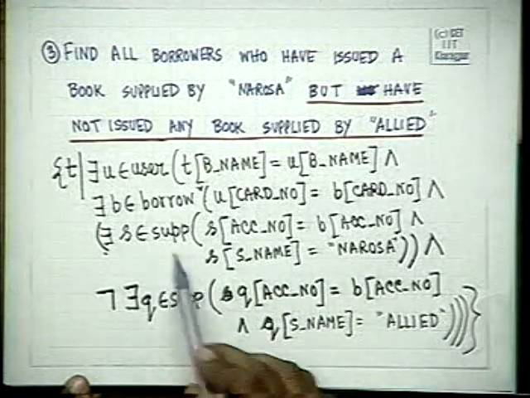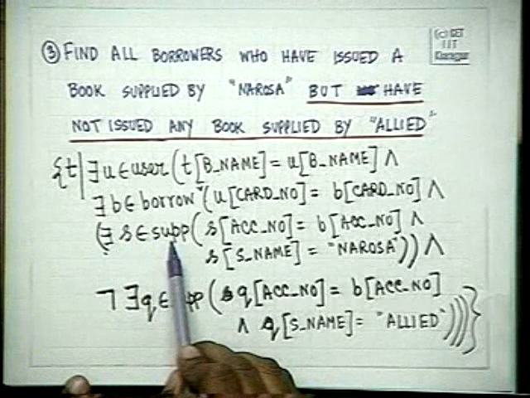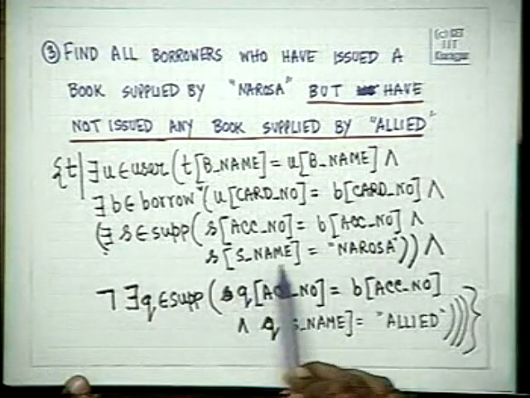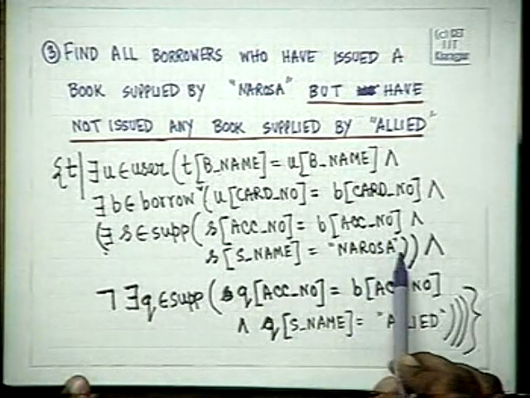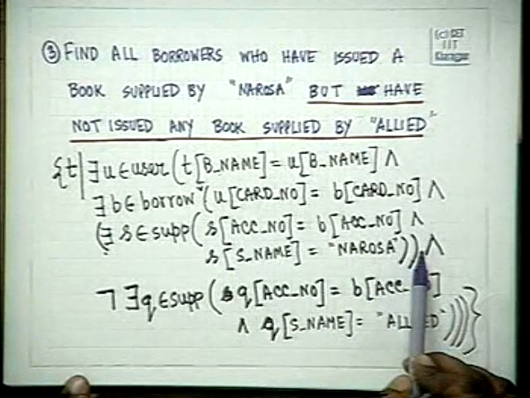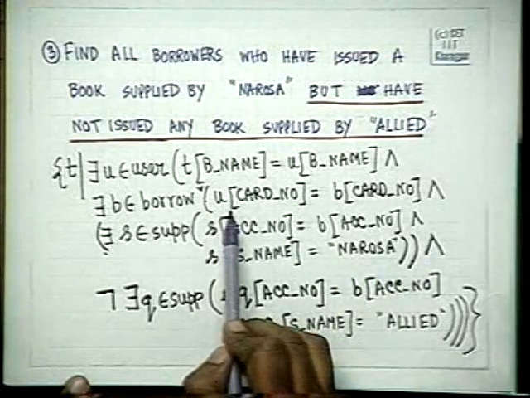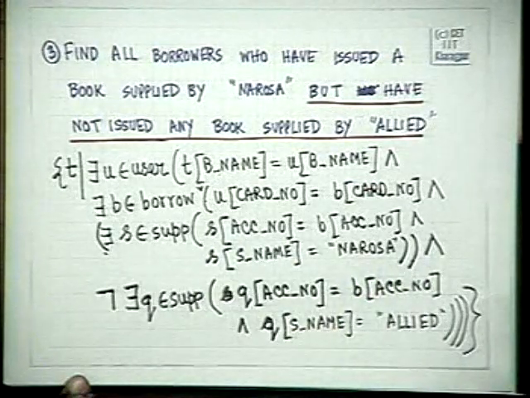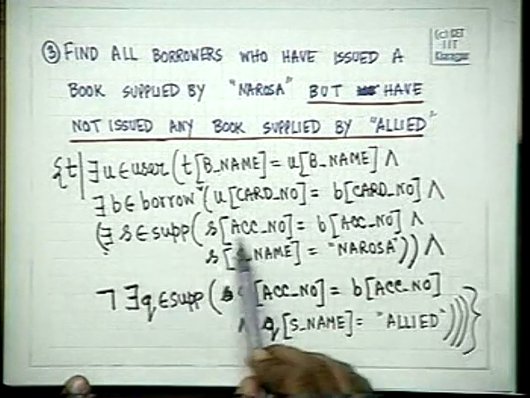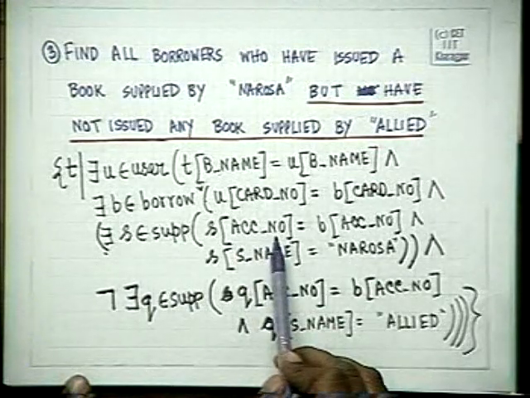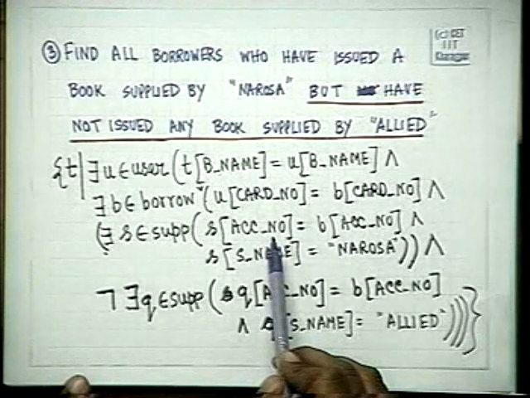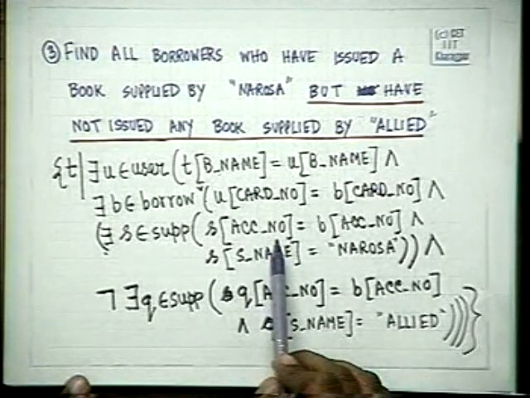But if you say there exists a supplier such that supplier name equal to Narosa and supplier name not equal to allied, then there may be for this accession number another tuple in SUPP such that this accession number matches. Suppose we had gone by titles, then it would have been even more complicated.